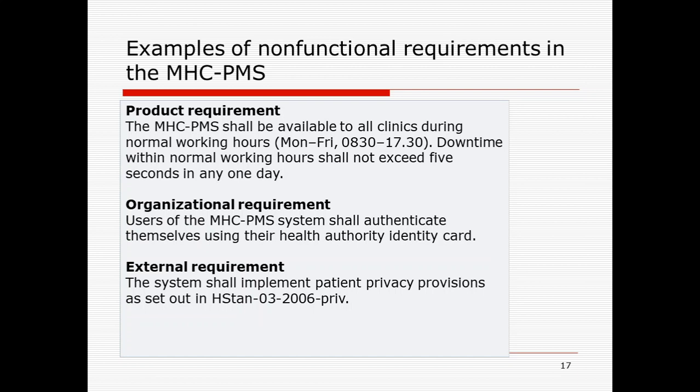The external requirement is basically the rules and regulations set by external agencies. Suppose the government has implemented a provision that patients' privacy concerns be handled according to certain rules. Those patient privacy provisions should be included in the software. That comes as the external requirement for the software.